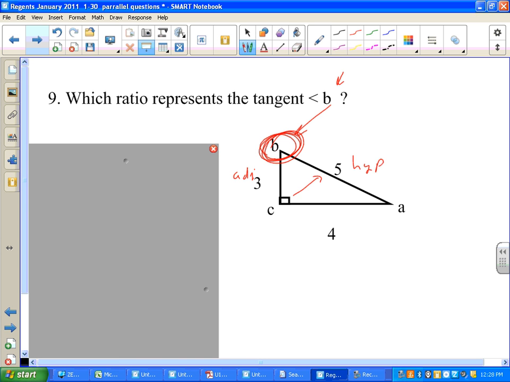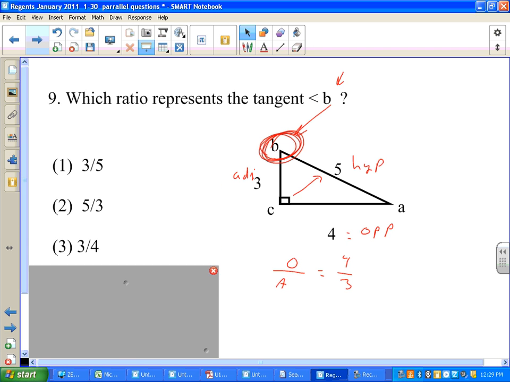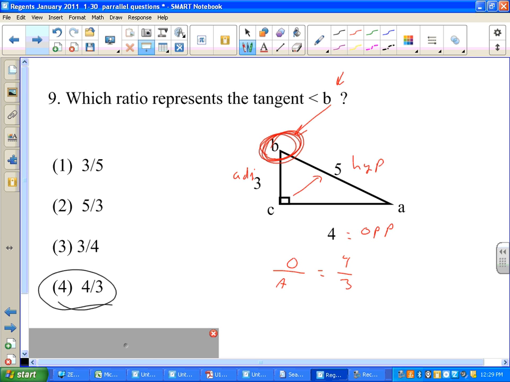The 5 is already recognized as the hypotenuse, so 4 must be the opposite. Tangent is on always, which is opposite over adjacent, 4 over 3. You notice tangent is the only ratio that can be greater than 1. 4 over 3, choice 4.